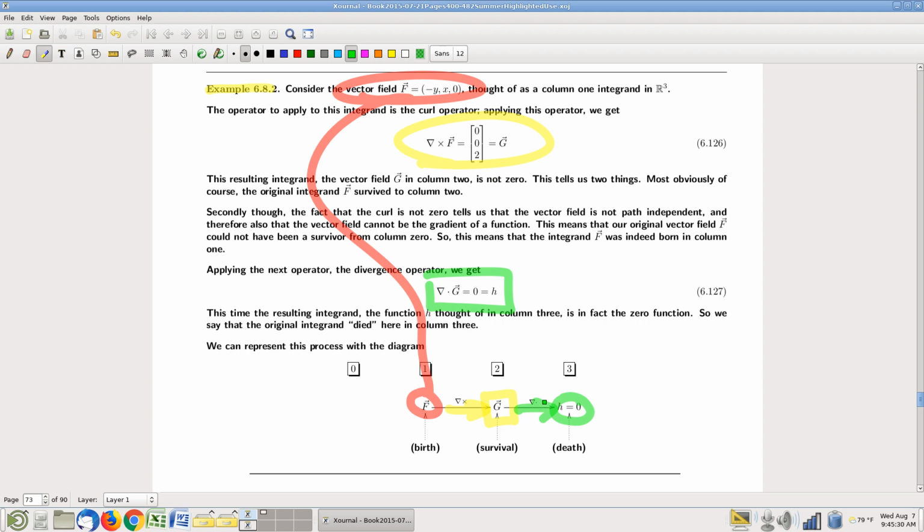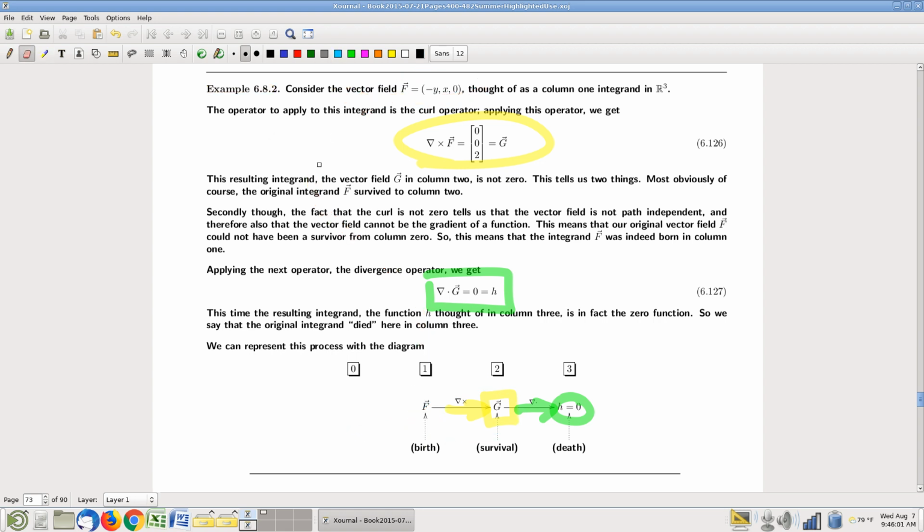I say birth here because there can't be a previous thing that survives to this. There is nothing whose gradient is that vector field. Now, how do I know? I know because of path independence, right? If this were a gradient, then the curl would have to be 0, but it isn't. Okay. All right. So birth, survival, death.